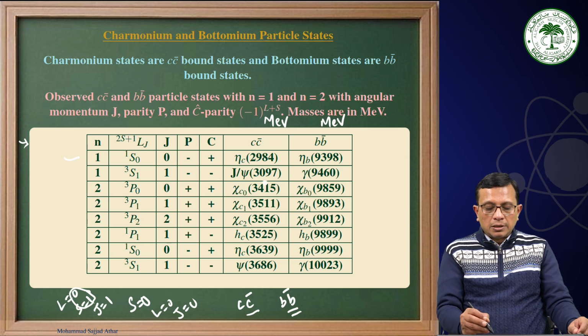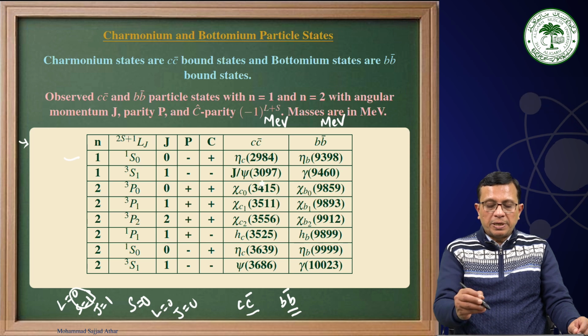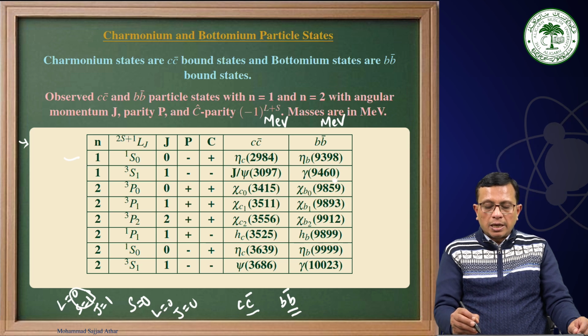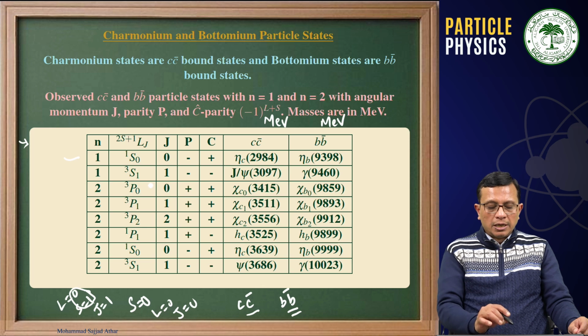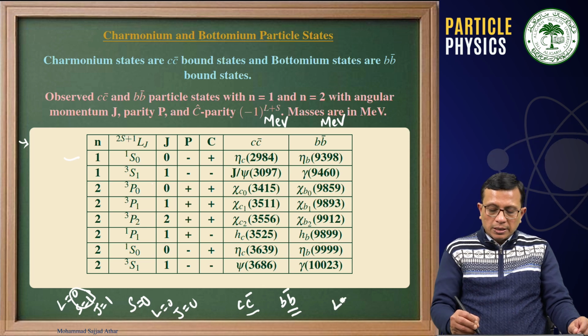You have the J/psi meson, which peaks at the center of mass energy 3097 MeV, and you have another epsilon meson with a quark configuration of B B-bar at center of mass energy of 9460 MeV.